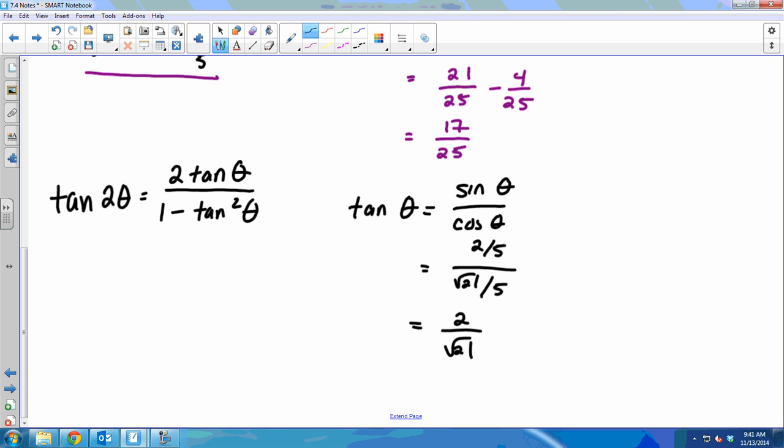So in order to do tangent 2 theta, I have to find tangent theta first, because that's part of the identity. So I took sine divided by cosine and found it. Again, you don't have to rationalize because you're going to use it in the question.